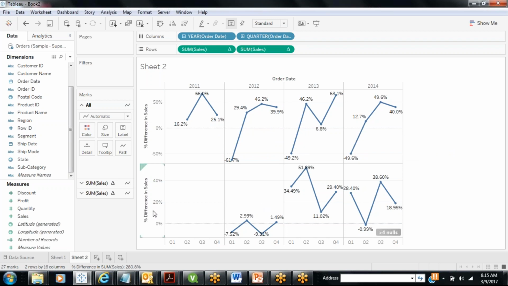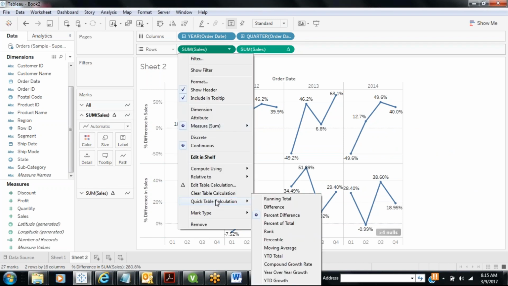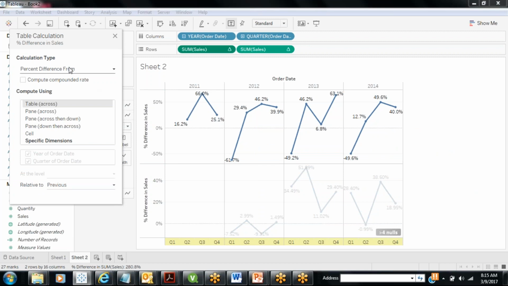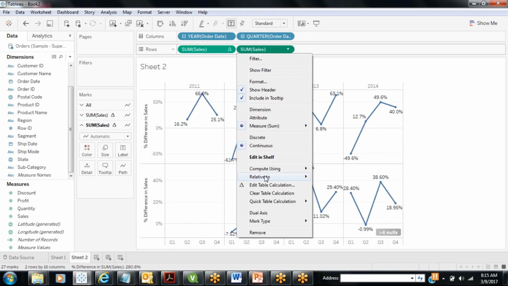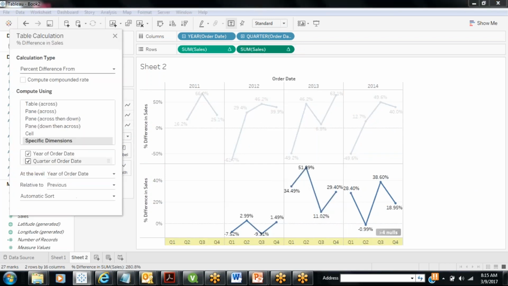But here the scenario is, though both are the same formula wise, this is percentage difference from, and you see nothing is there, no specific dimensions. But when I come here and edit, you see this is enabled, meaning it is restarting at every year and every quarter of that year.